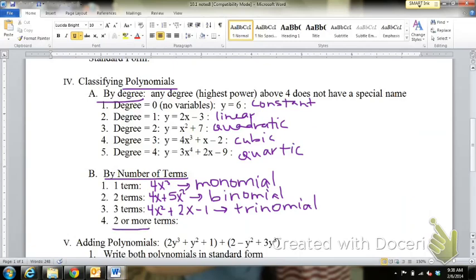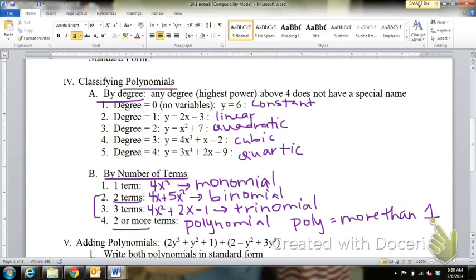I say 2 or more because all of these are also called polynomials, but they get a more specific name. So anything that has 2 or more terms is a poly. Poly just means more than one. So monomial is the only one that has one name. Anything 2 or more is a polynomial, but 2 and 3 get special names.